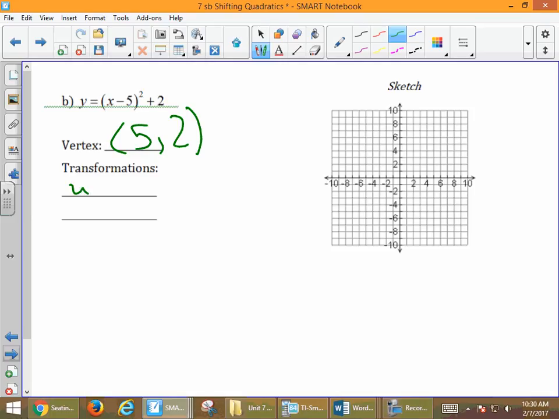So we go up 2 because we're adding 2 on the outside of the function. And then what was the other transformation? Right 5. So we go to the right by 5 because on the inside of our quadratic we're subtracting 5. And so we move our whole graph to the right by 5.